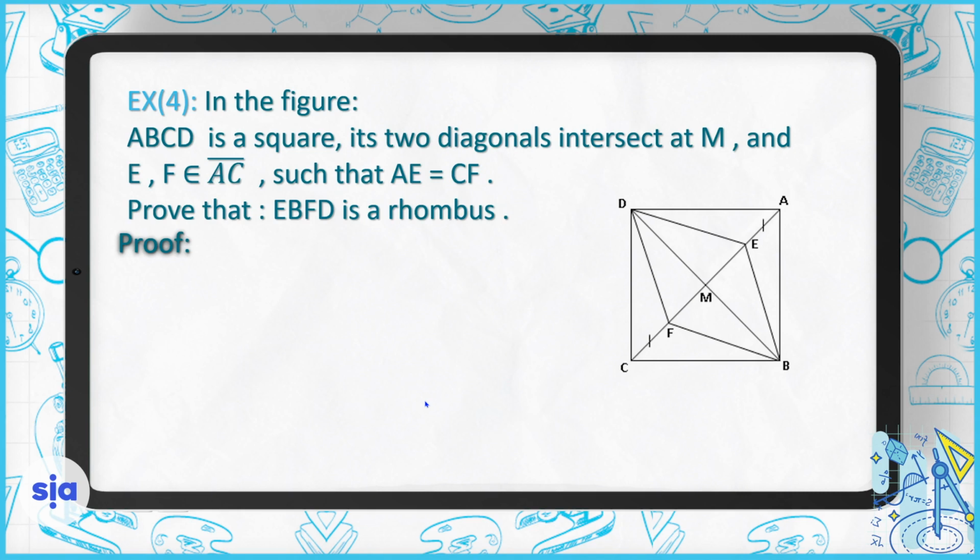Let's call this number 1. Since AE is equal to CF, where DB is perpendicular to EF, and call this number 2, if you subtract 2 from 1, you will find out that ME is equal to MF.